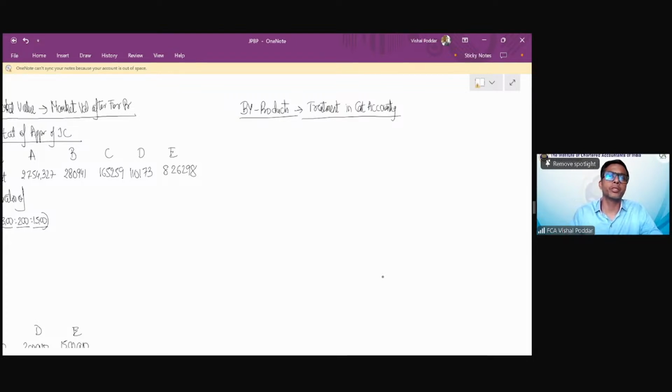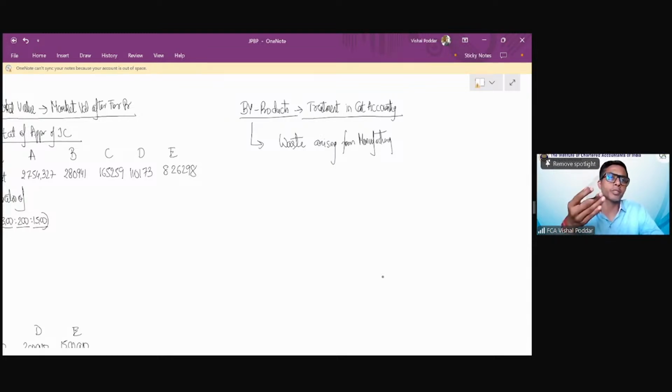Now, firstly, students, what are byproducts? Practically, a byproduct is your waste, which is arising from the manufacturing activity. So we did processing, stage 1, stage 2, stage 3.